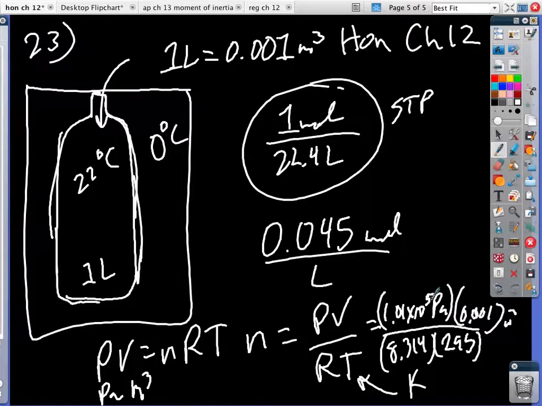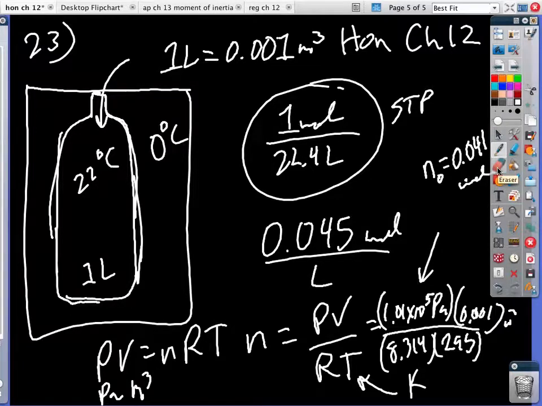So 1.01 times 10 to the 5th times 0.001 divided by 8.314 times 295. Okay, and so then I get the original number of moles is 0.041 moles.